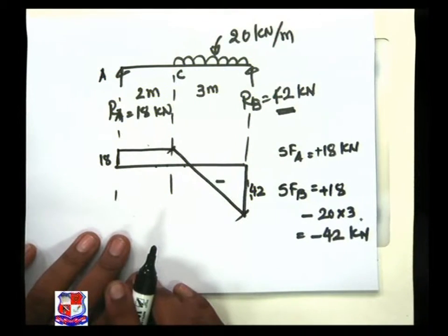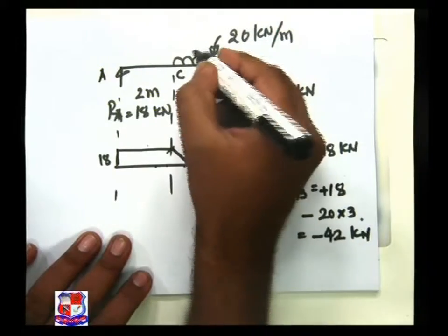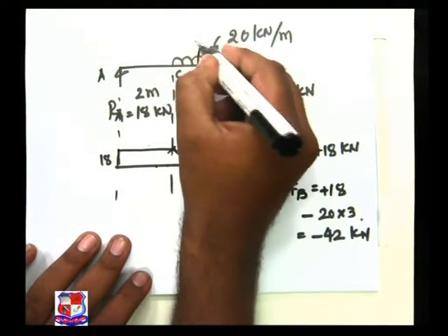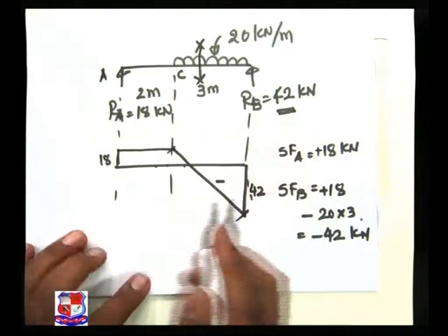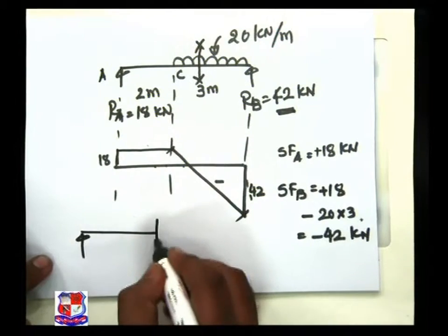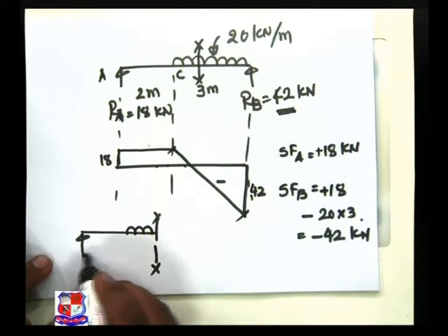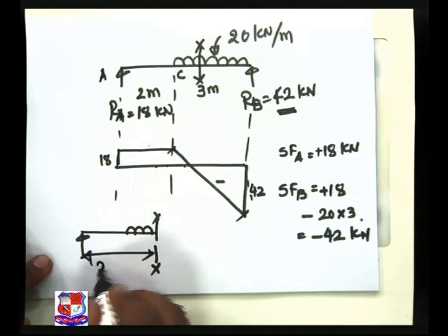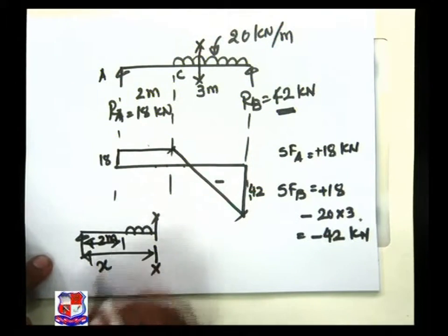Now, whether this is right or wrong, let us take a section. If you have a certain doubt, then you have to take a section. Then our figure is like this. This distance is x and this distance is 2 meter.